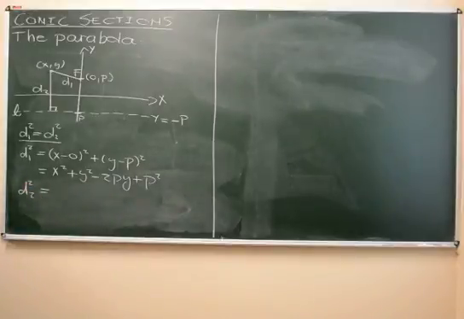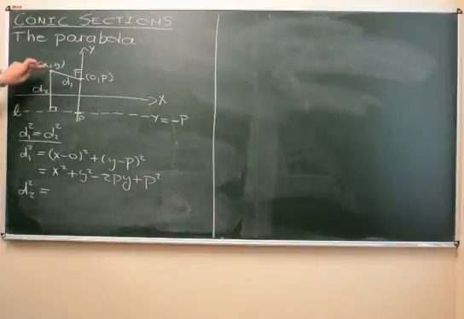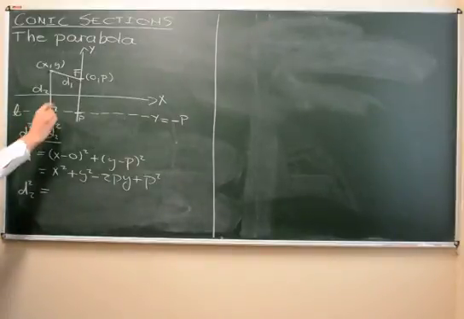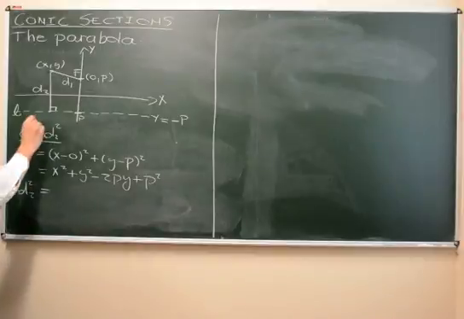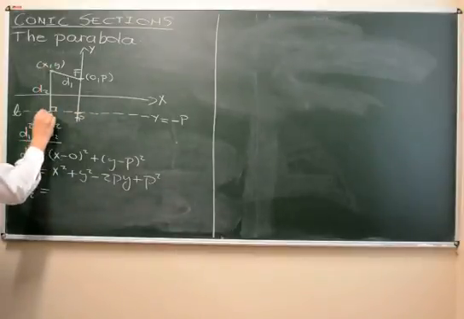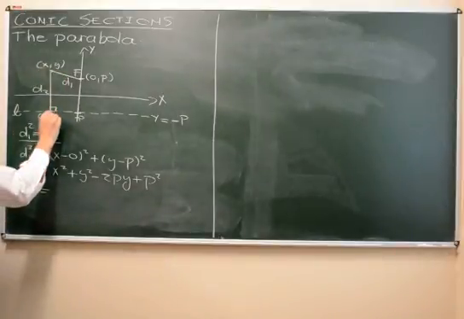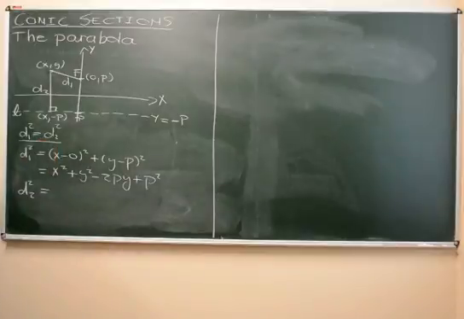Now remember, this distance, what we mean by that is we drop a line from xy perpendicular to this line L, and then we calculate this distance. So the point here on the line would be x is equal to x, because we're going down perpendicularly, and y is minus p.